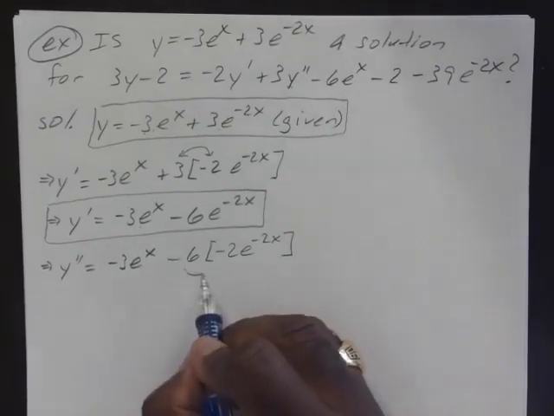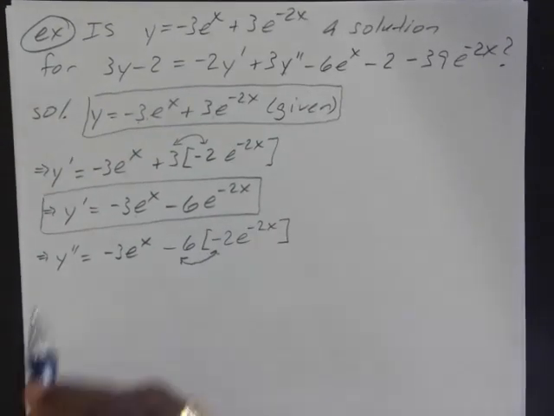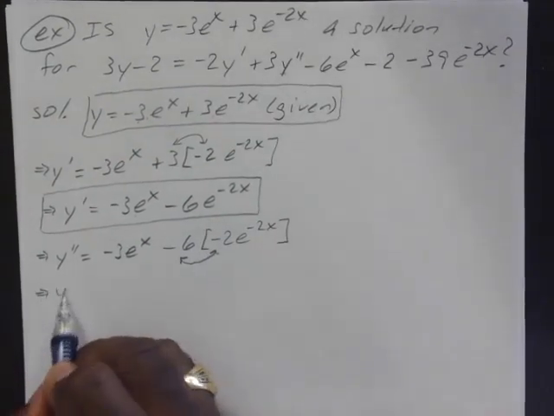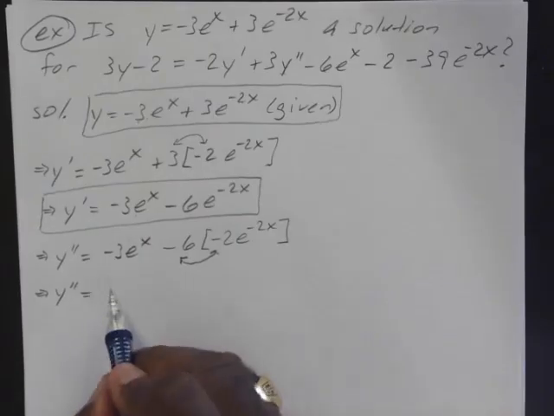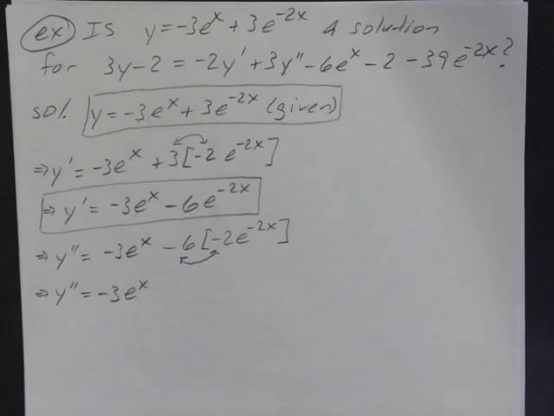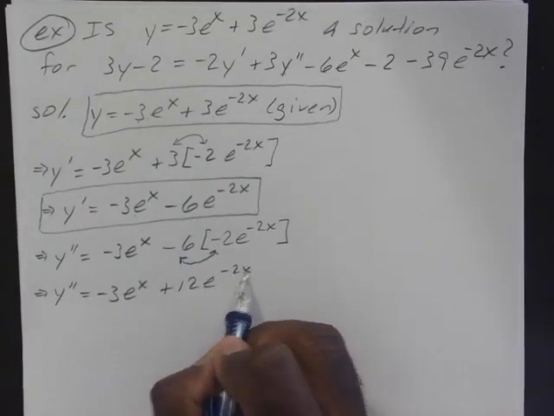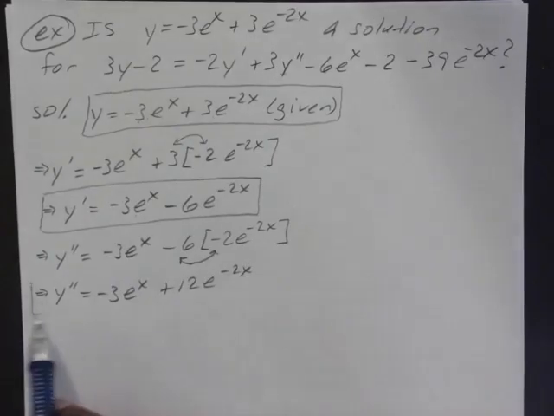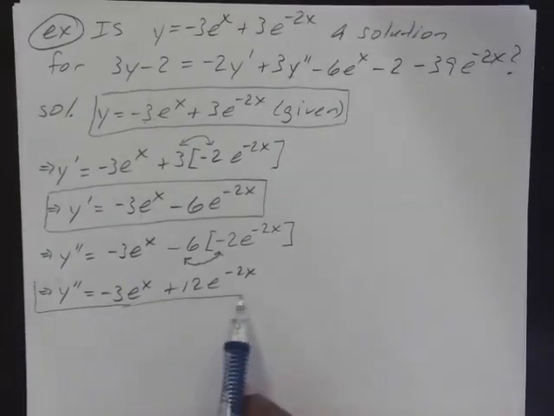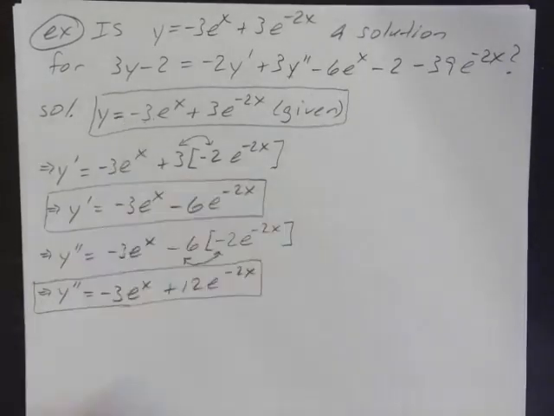So again, if we go ahead and multiply those two just to simplify it, we know our second derivative is equal to -3 times e to the power of x plus 12 times e to the power of -2x. So we have y, we have our first derivative, and we have our second derivative.